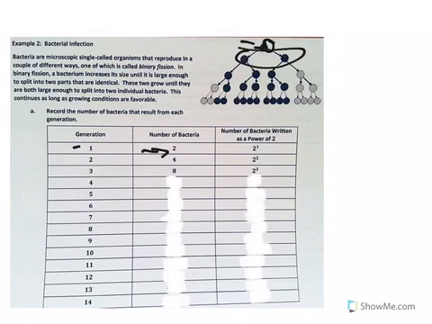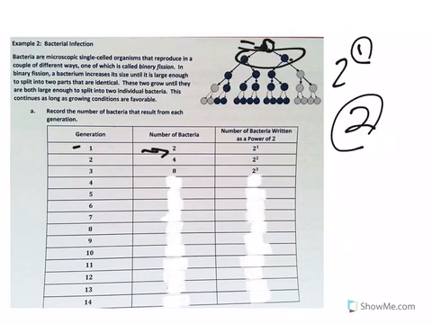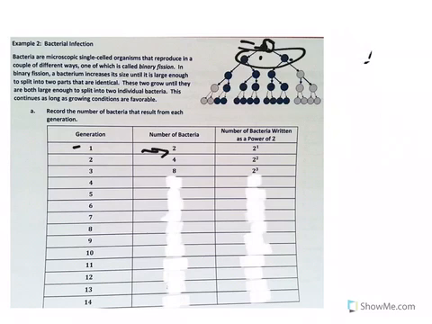Number of bacteria written as a power of 2: 2 to the power 1, because that means there's just one set of 2. So there's 1, 2 up here, and then you have 2 to the power 1. All right, fair enough, right? So the next generation, you're going to end up with 4. It doubles. That's 2 to the power of 2.